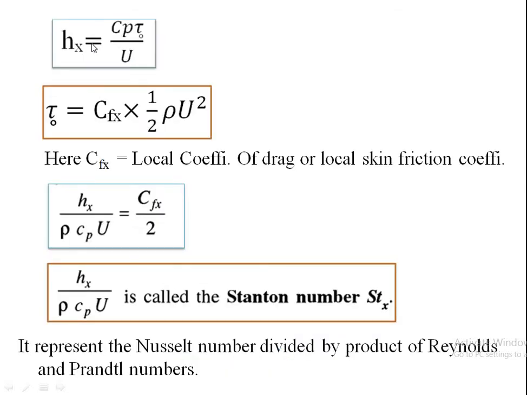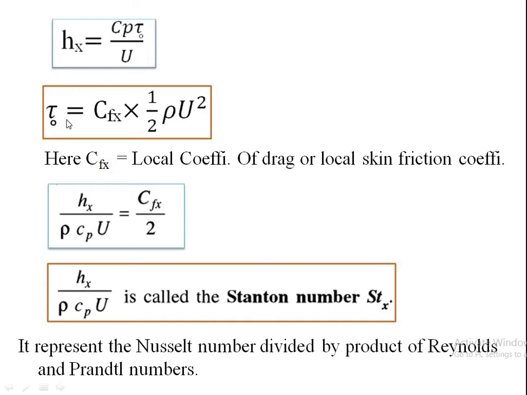Now if you put the value of q divided by A multiplied by (Ts minus T naught) as h suffix x in the previous equation, we'll get h suffix x is equal to cp multiplied by tau naught divided by u, where cp is the specific heat, tau naught is the shear stress, and u is the mainstream velocity.